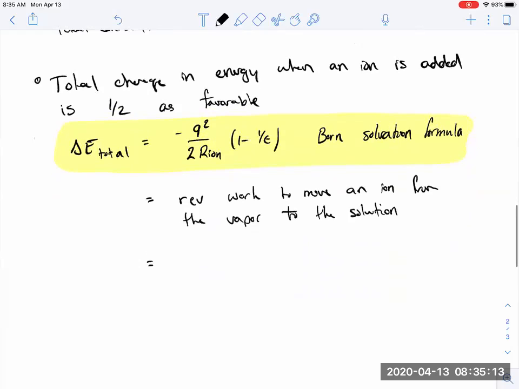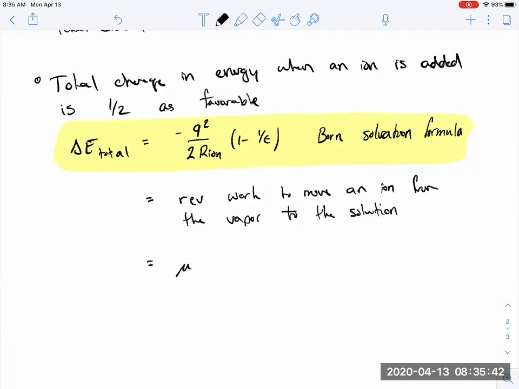That means that we take an ion at a fixed position in the vapor, we move it to a fixed position in the solution. We've moved one ion and computed a reversible work. This is at some constant pressure and temperature. So the relevant work is the Gibbs free energy. The change in the Gibbs free energy by changing one particle, well, that's what we mean by the chemical potential.